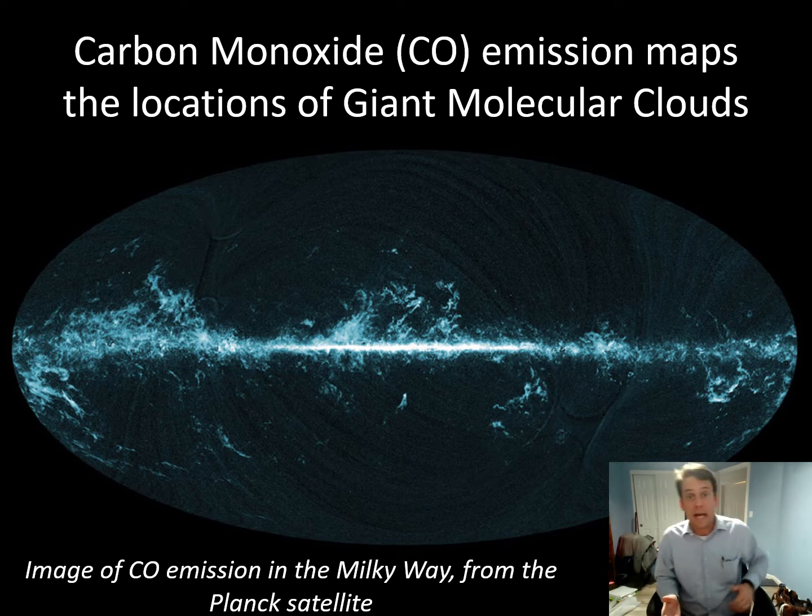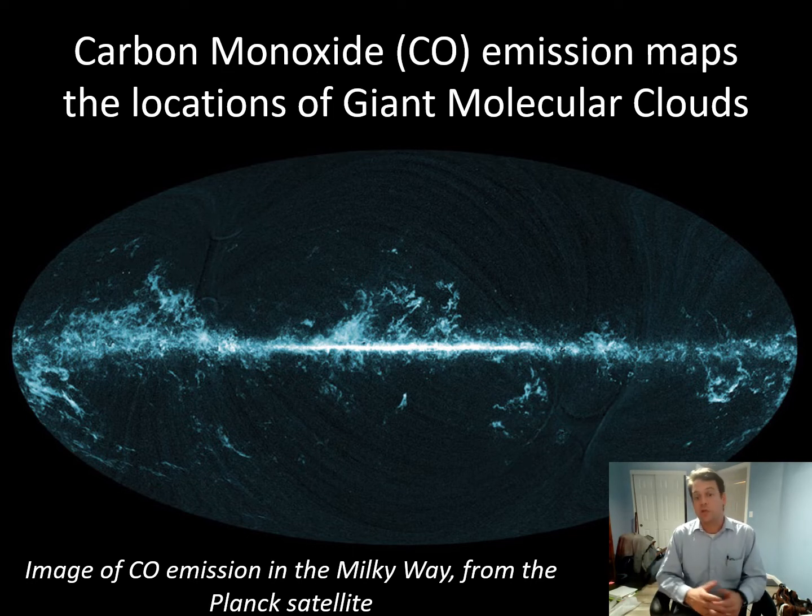Because just like every atom has a unique set of atomic energy levels, and so a unique set of transitions, which means a unique set of spectral lines, unique wavelengths that it absorbs and emits, the same is true of a molecule. Carbon monoxide, in this case, has a specific set of molecular energy levels. Transitions between those energy levels give a specific set of frequencies and wavelengths of light, and so we filtered out everything except for that.